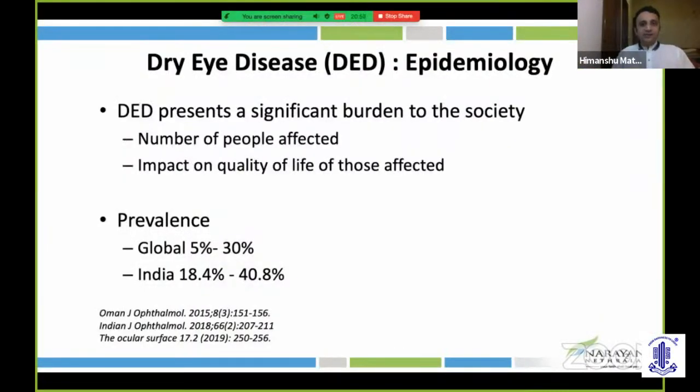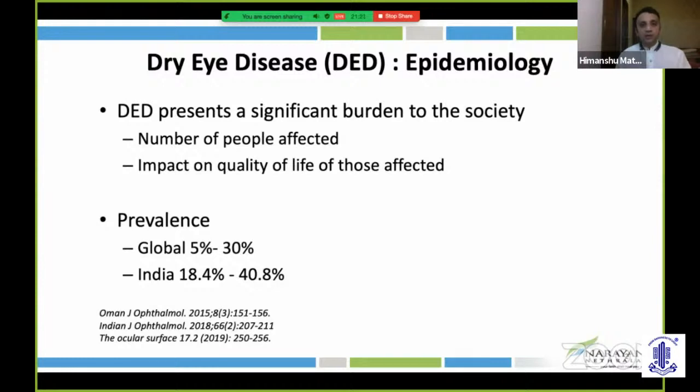Epidemiologically, we have seen dry eye is certainly on the rise, and it's increasing across the globe. With the recent studies published about Indian prevalence, which is as high as 40% to as low as even 18%, that is a staggering number of dry eye patients in such a huge country.